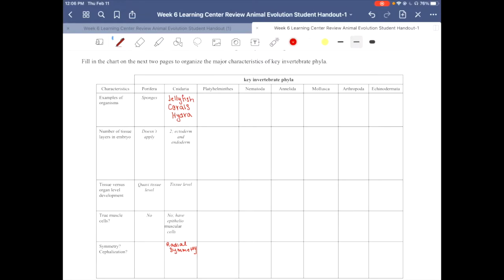Another trait is that they don't move around a lot. They usually stick onto something, and the exception would be jellyfish. But if you think about corals and hydra, they're usually stuck to something. So we can say that most have a sessile life.